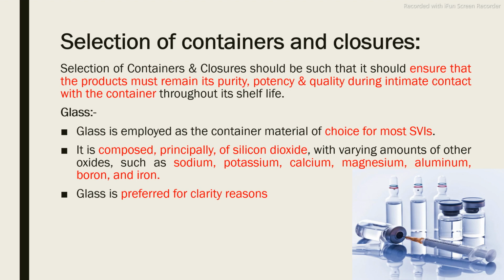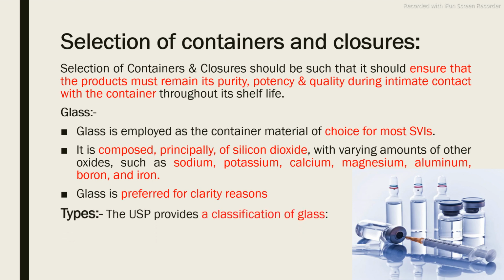Because if the material of your container is not transparent, then you cannot observe by visual inspection. You can't tell whether there is any particulate material or not. If the glass container is clear, then you can clearly see the presence of any particles.